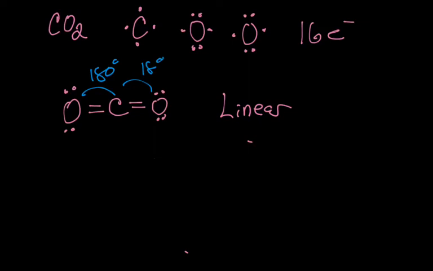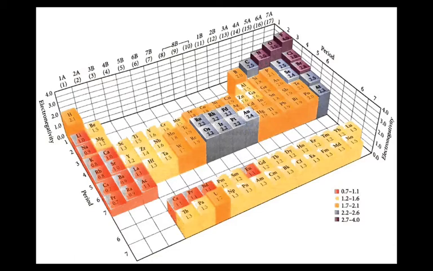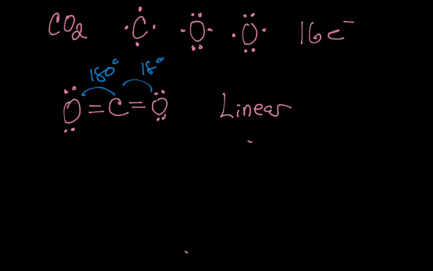All right, so next we need to figure out if this bond is polar or nonpolar. So let's look at our electronegativities. We have oxygen and carbon, and remember that carbon has a strong electronegativity, and oxygen is one of the super strong. So those bonds are polar with the electrons shifting towards the oxygen.